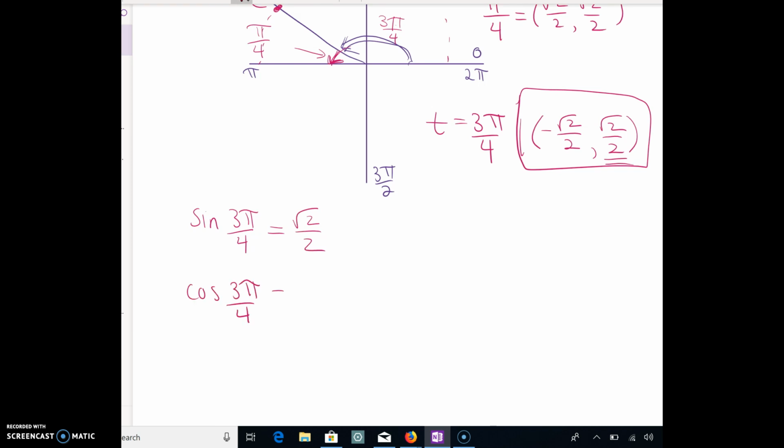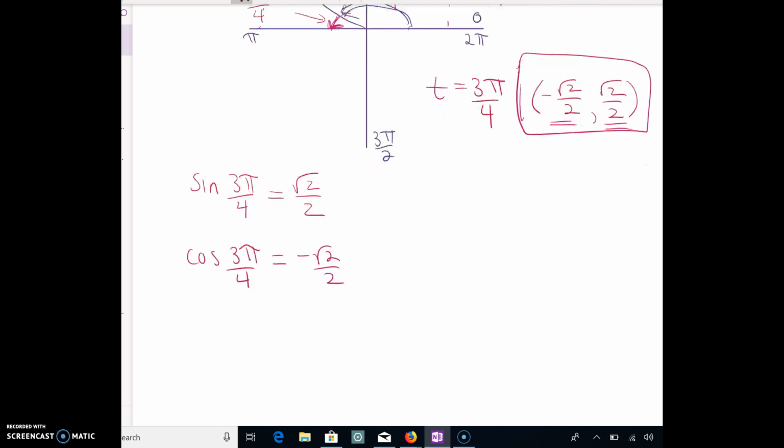The cosine of 3 pi over 4 is the x value of this ordered pair, which is negative square root of 2 over 2. And the tangent of 3 pi over 4 is the y value divided by the x value, which is square root of 2 over 2 divided by negative square root of 2 over 2. Anything divided by itself is 1, and a positive divided by a negative is negative. So the tangent of 3 pi over 4 is negative 1.